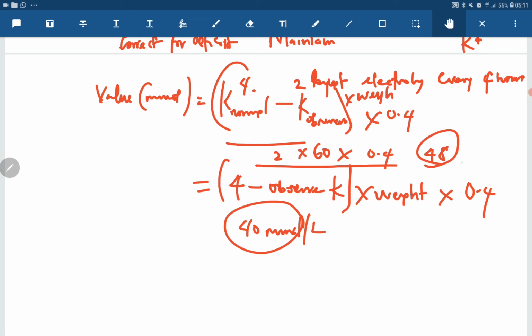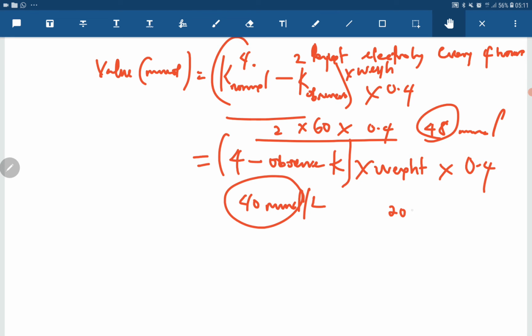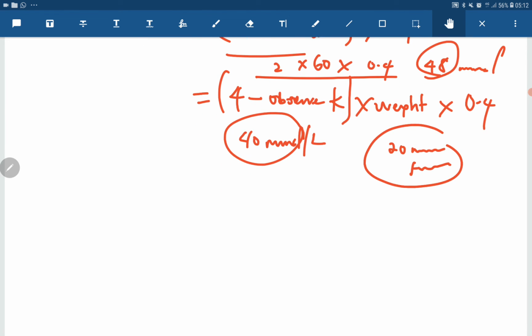Yeah, I'm correct. So this will be 48 millimole. You can divide it and give 20 millimole in successive fluid, and you can continue by adding 20 millimole in each liter of fluid, and that will correct it. And then also you can maintain.